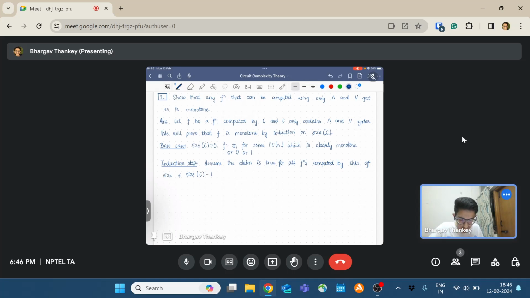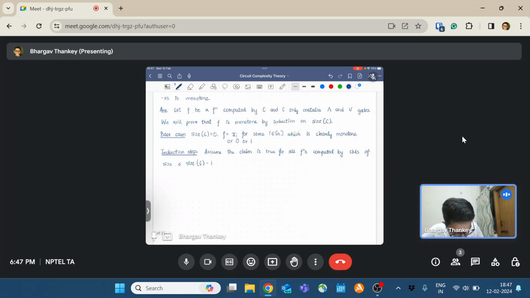That gate can be either AND or OR, so we can look at the two cases separately. Right. The way to do it is look at C, look at its topmost gate, and look at both of the children. Both of those children are circuits with smaller sizes, so by induction, both of those functions are monotone. Right. So there are two cases.